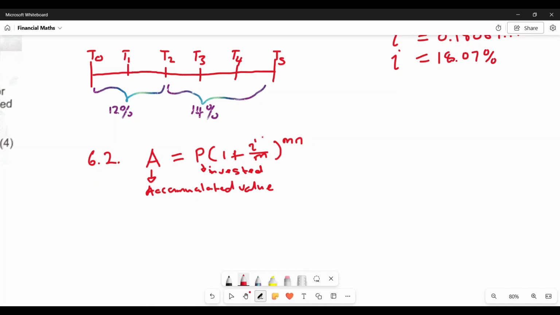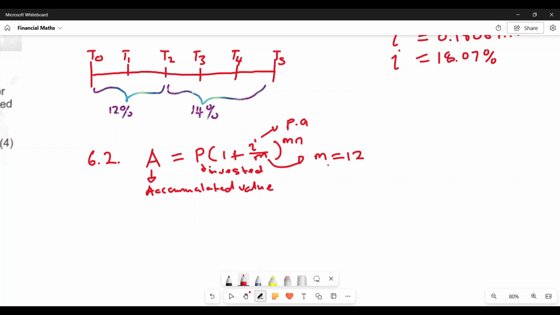And then I is the interest rate per annum, right? But because they are compounded monthly or semi-annually, that's what this M represents. If it's compounded monthly, our M will be equal to 12.